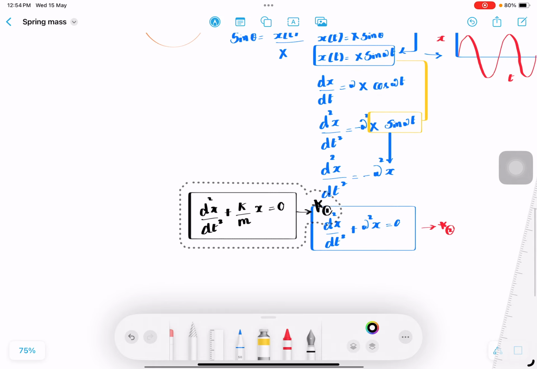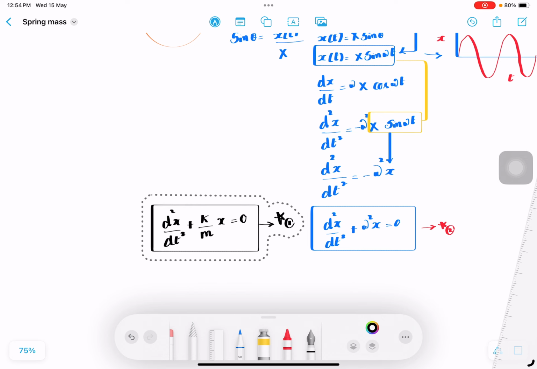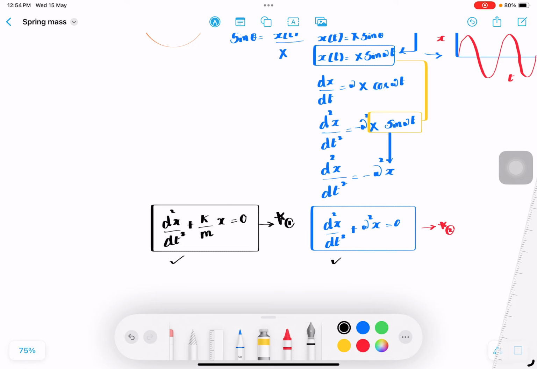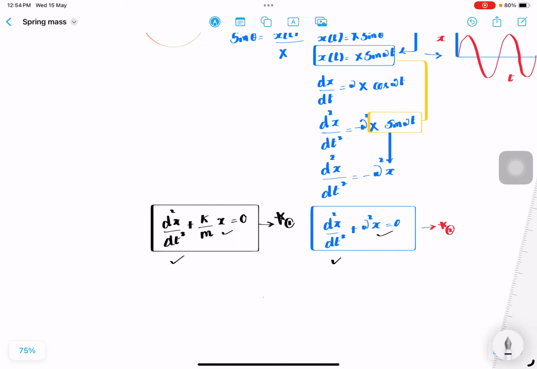If you look at star equation 1 and star equation number 2, you could see that d squared x by dt square is there on the left side. It is also there on star equation number 2. And you could also see that the letter x is there in both. But in place of k by m, there is an omega squared term. So I can say omega square is equal to k by m just by comparing.